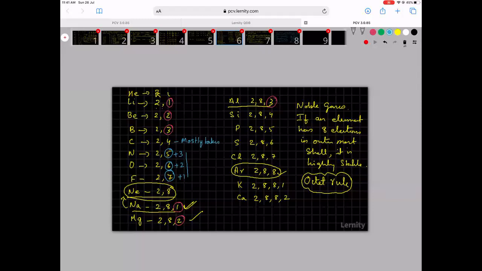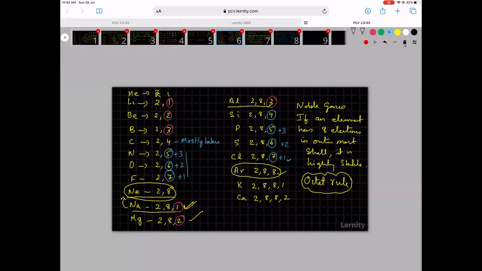Silicon mostly gives, but it can also take. Phosphorus takes. Sulfur takes. Phosphorus will take 3. Sulfur will take 2. Chlorine will take 1. Taking 1 is easier than taking 2. So chlorine is more reactive than sulfur.